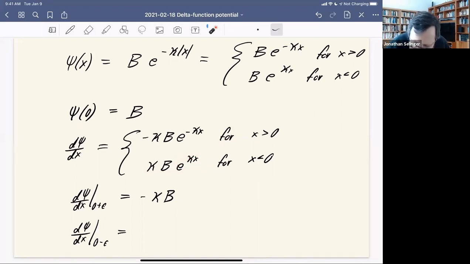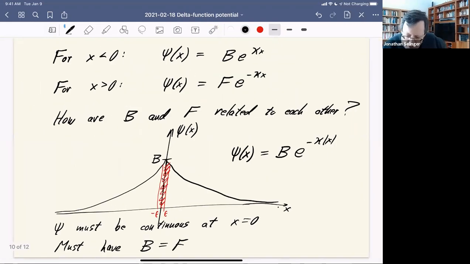So the derivative is positive κb. So this shows us that the first derivative of ψ is discontinuous at x equals 0. But we knew that already from our plot, right? The first derivative is something positive on the left side and something negative on the right side. So right at x equals 0, there's a discontinuity from a positive derivative to a negative derivative.